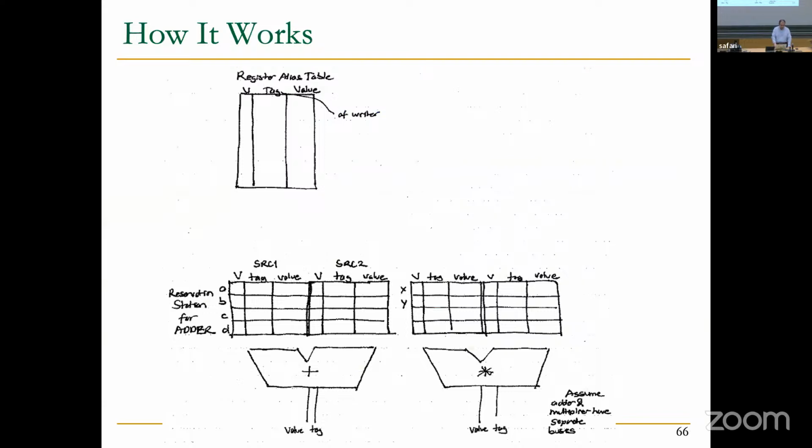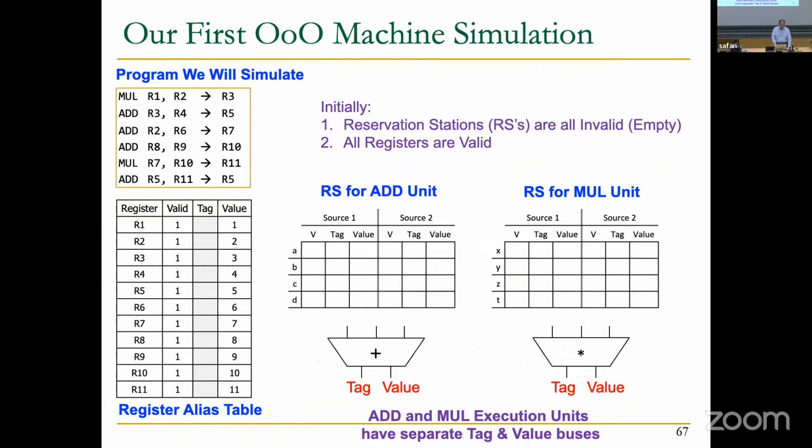And now we want to see how it works. So this is our first out-of-order machine simulation. This is our register alias table, where in the beginning everyone is valid. And this is our tag, which is all empty. The values of registers are just the same as the register name, just for simplicity.